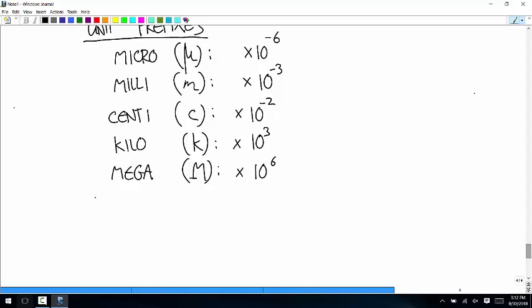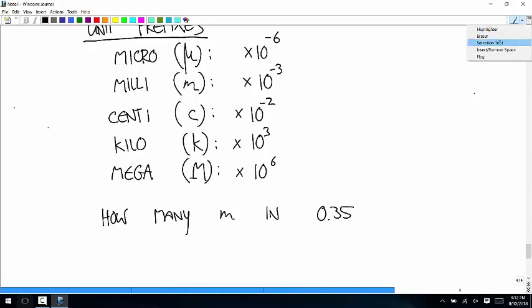And so if you're converting, how many meters are there in 35 centimeters?